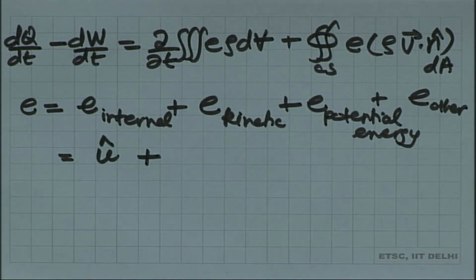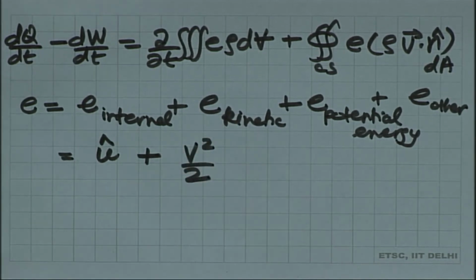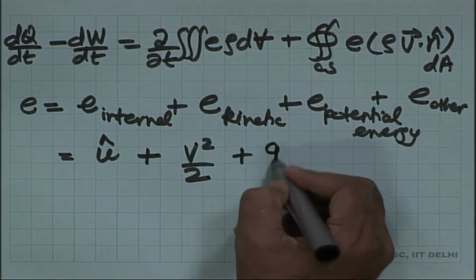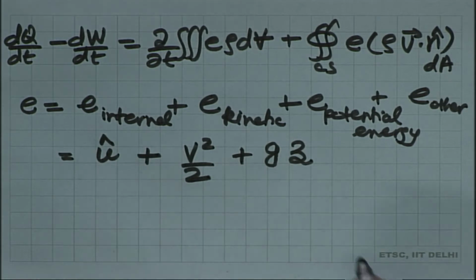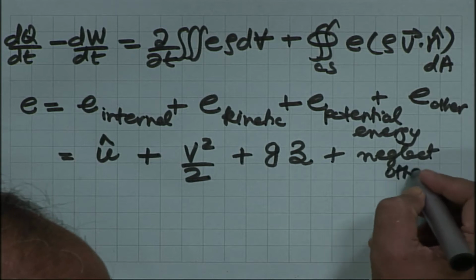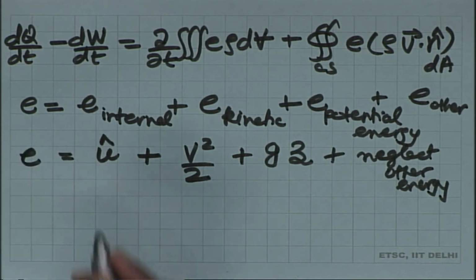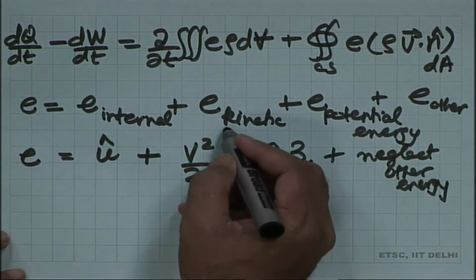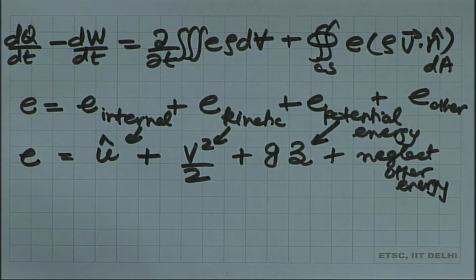It is kinetic energy per unit mass, so this becomes V square by 2, and potential energy will be equal to g z, because it is mgz divided by mass, and we neglect other energy. If it is there, then you can add it up here. So, this is what we get for specific energy in a typical case: internal energy, kinetic energy and potential energy. These are the three terms which give us E.